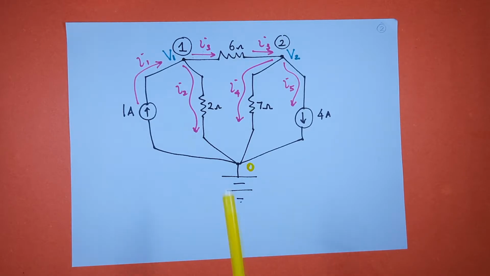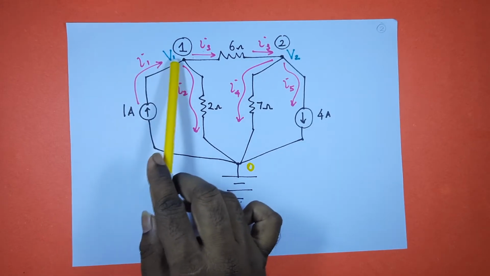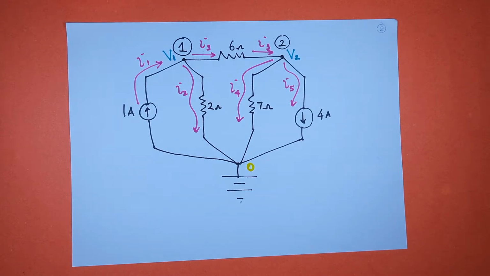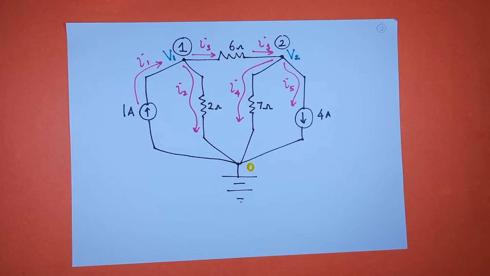At node 1, I1 is the incoming current, and I2 and I3 are the outgoing currents. So applying KCL at node 1, you write I1 equals I2 plus I3.